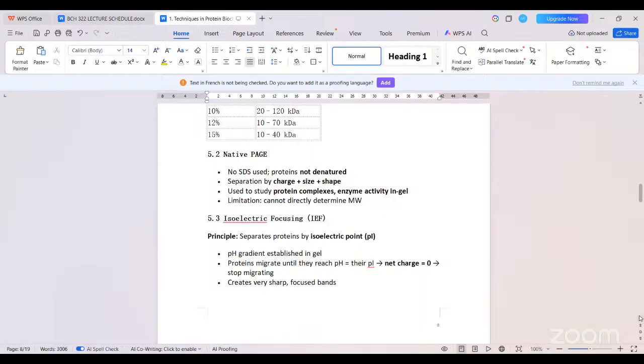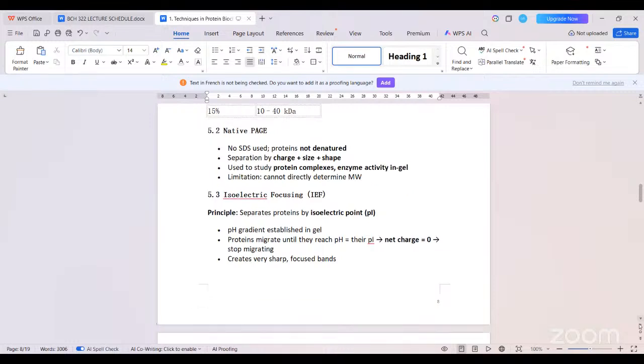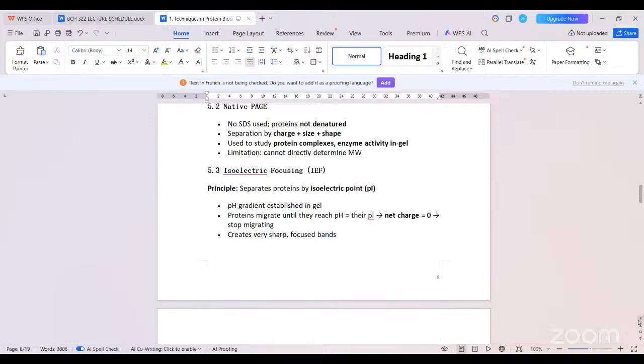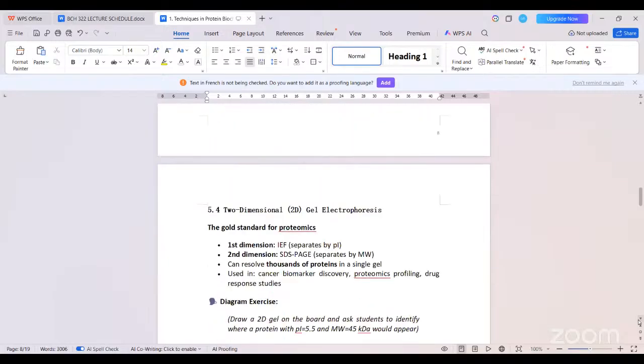At this point, proteins stop migrating, and a sharp focused band is formed. And this helps us to locate or identify the protein being examined, the protein under investigation.